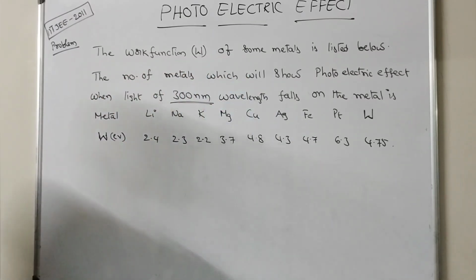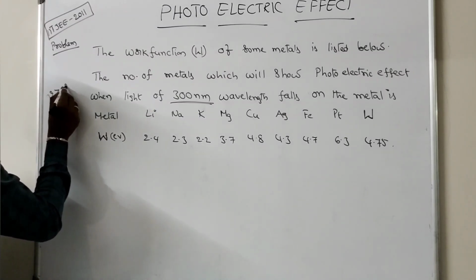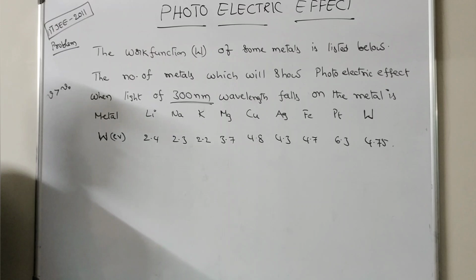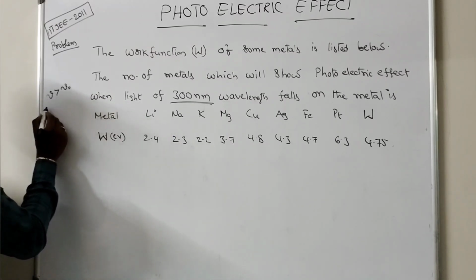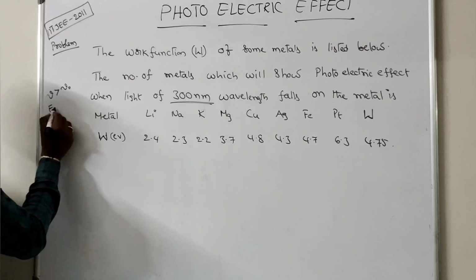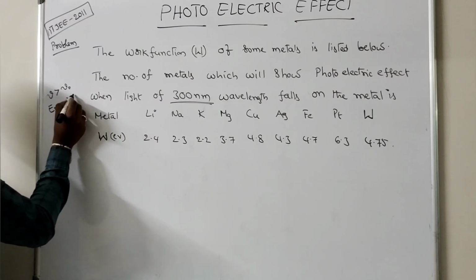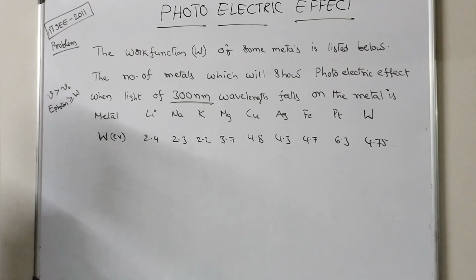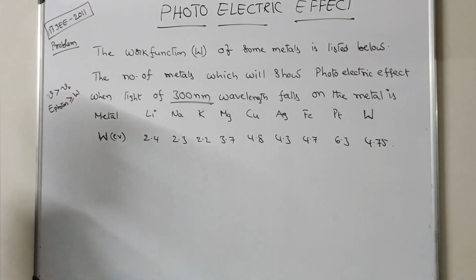That means the photoelectric effect is shown when nu is greater than nu naught. W is equal to h nu naught. So in terms of energies, the energy of the photon must be greater than or equal to the work function. Then only the metal shows the photoelectric effect.